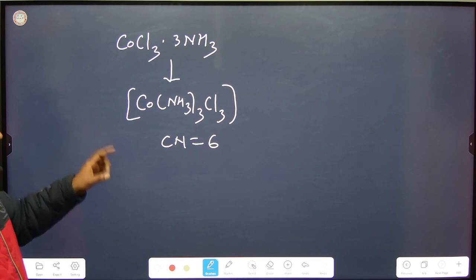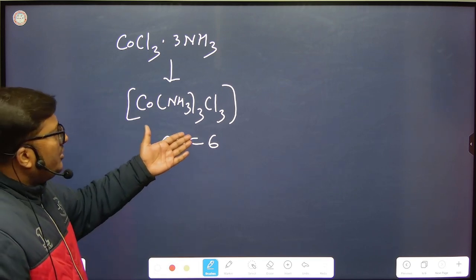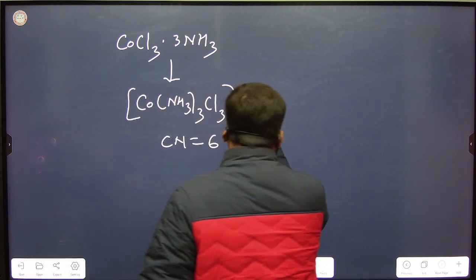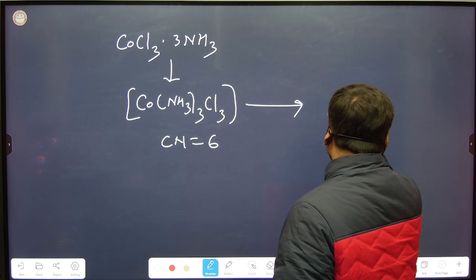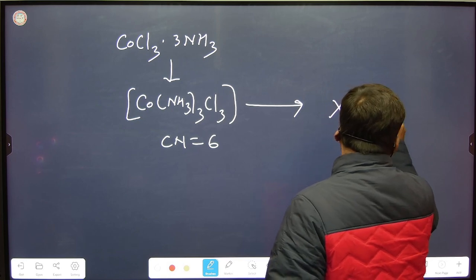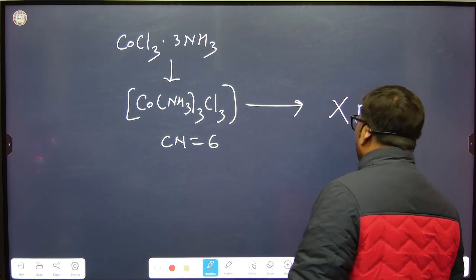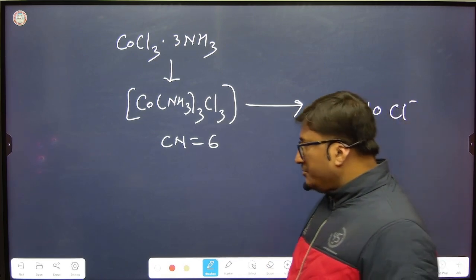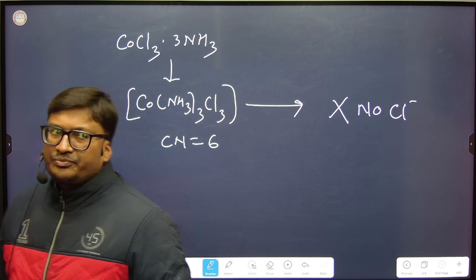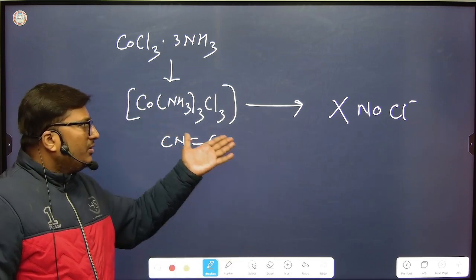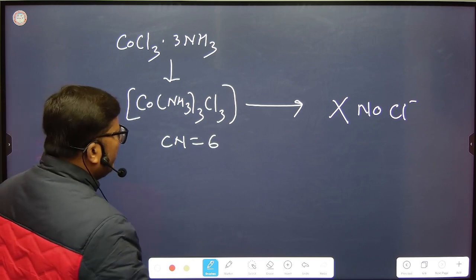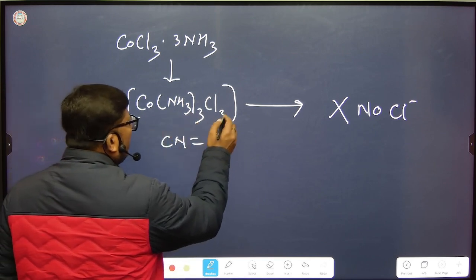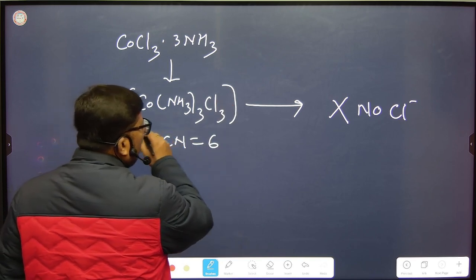But after adding silver nitrate solution to this compound, he did not get any precipitation of the chloride ion, right? No Cl minus was precipitated from this solution. So this is a neutral compound.